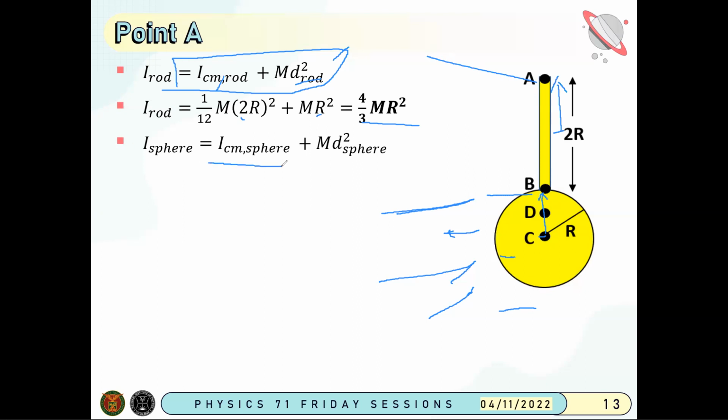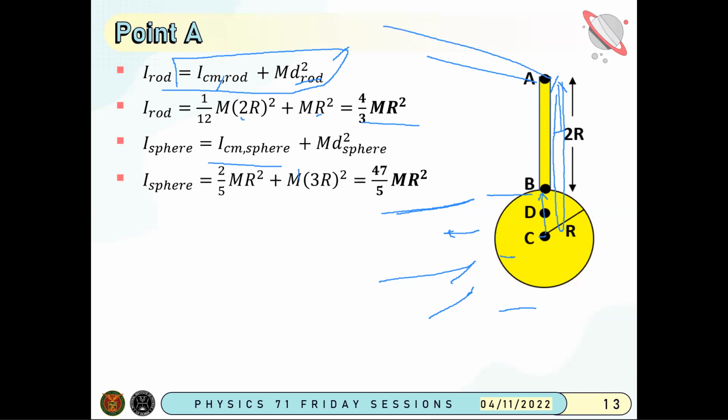So, gamitin natin yung center of mass na inertia plus md squared, where d is now 3r. And we get a total of 47/5 mr squared. So now, yung total moment of inertia at point A is just the sum of these two.